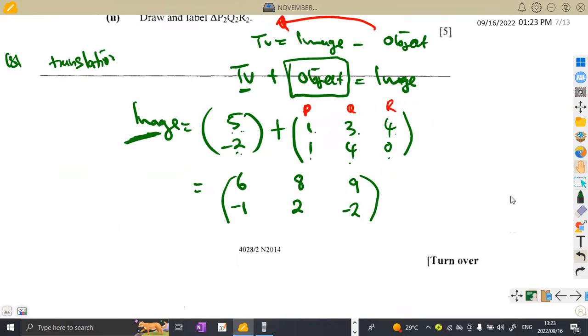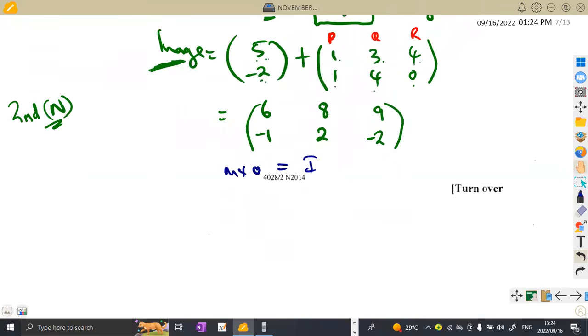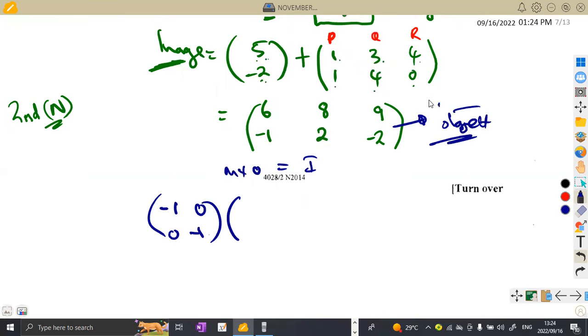Now we are going to have our second transformation, which is the given matrix, matrix N. So you're going to multiply by matrix N. Remember your matrix N was (-1, 0; 0, -1). So you multiply to the object. So this was the image from the first transformation. Now it's acting as an object because there's another transformation.